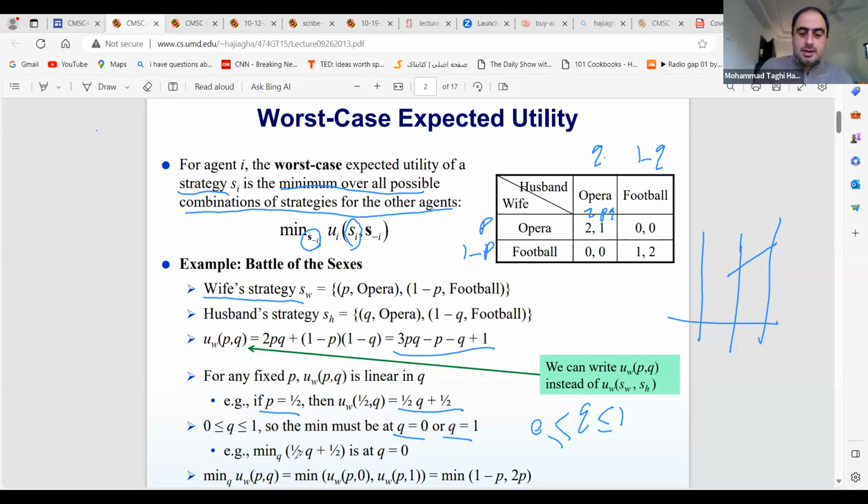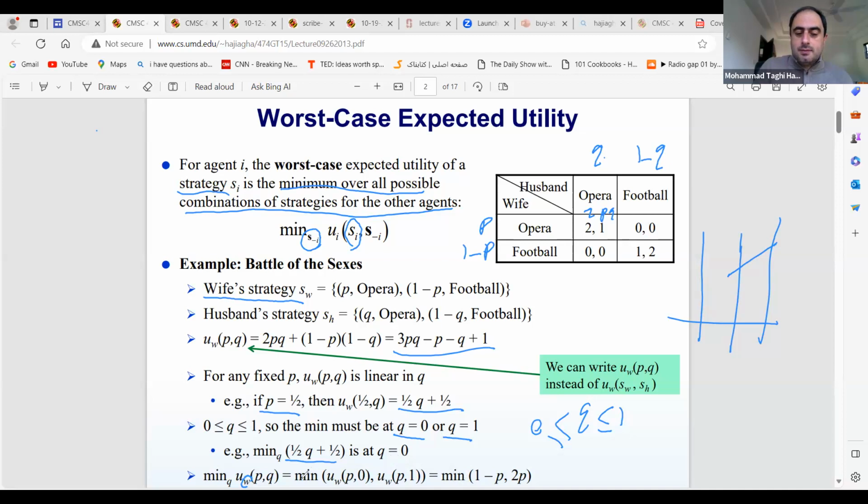For example, if we have P equal to 1/2, and this is the formula, then the minimum happens at Q equal to 0. Of course, Q equal to 1 would be the maximum. So we just write this formula. In the formula above, we are saying that for the wife, the minimum is taken over Q, because Q essentially determines the strategy of the husband.